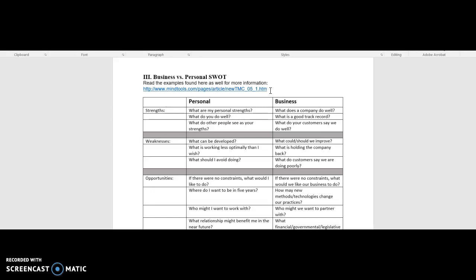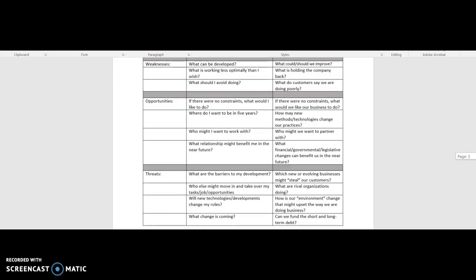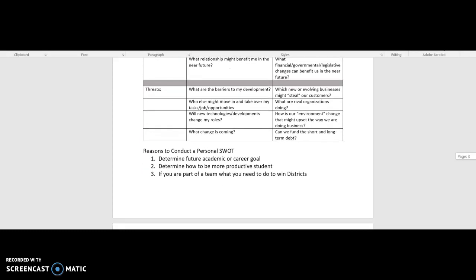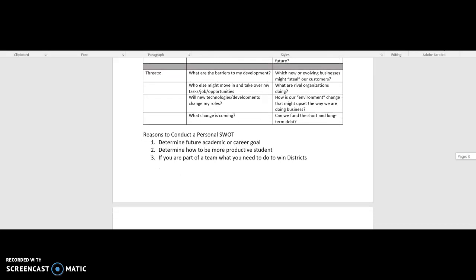And you could apply this in terms of where you're going to go to school, what your future career goal is going to be, how you can be a better student, how you can be more productive at home right now, maybe if you're on a team or a club, how you can grow the club, win districts.